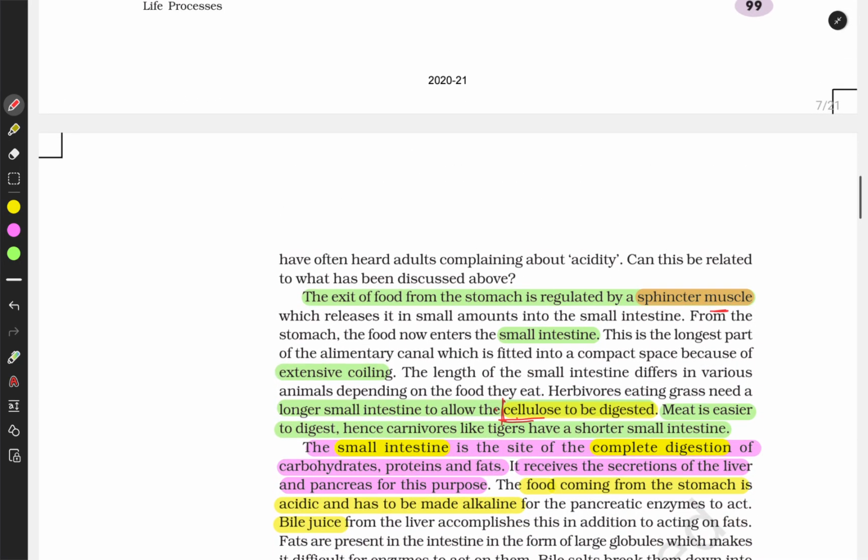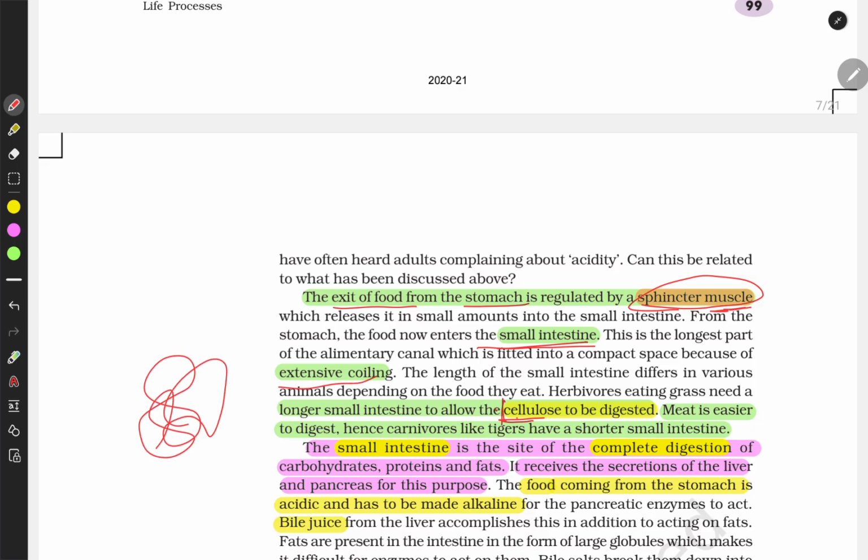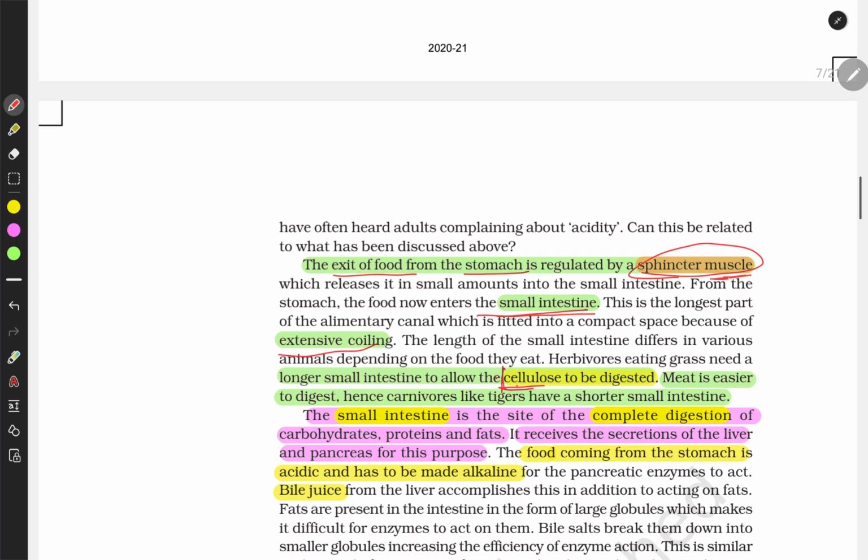Then after the stomach, the exit of the food from the stomach is regulated by the sphincter muscle. And now the food enters the small intestine, which is extensively coiled this way. Herbivores, those animals which eat grass, need a longer small intestine to allow the cellulose to be digested.